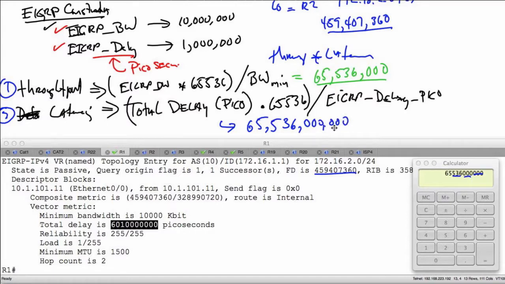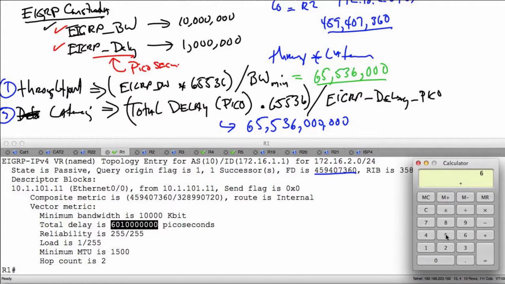Now I'm going to take these values and add them up. I'll take my lower one and add my second one to it, and it gives me 65,536,000. Press enter.